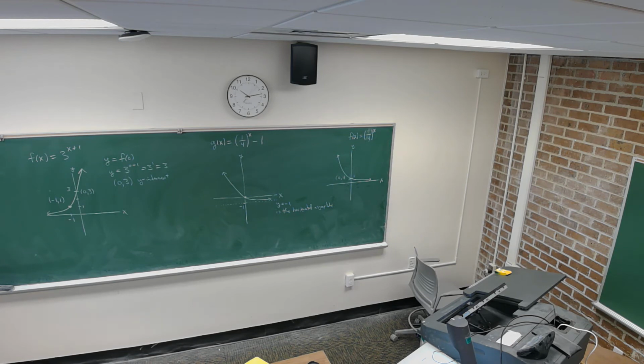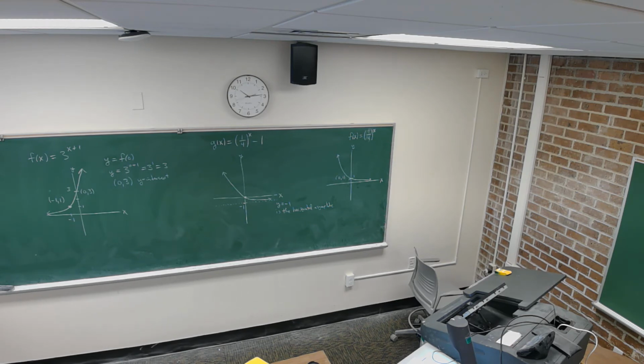When you replace x with x minus 1, it shifts the graph to the right 1 unit. Here it's crossing the y-axis at y equals 1, and now this y-intercept gets shifted to the right. So this point, the y-intercept at 0, 1, is now at 1, 1.